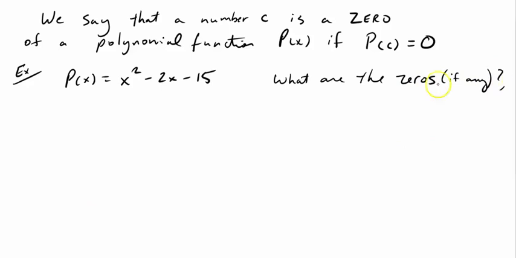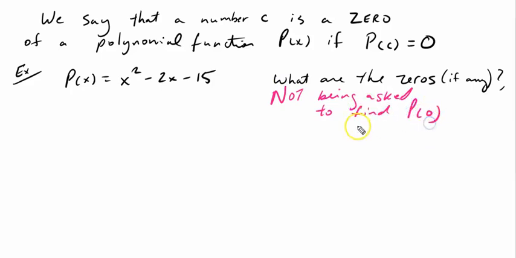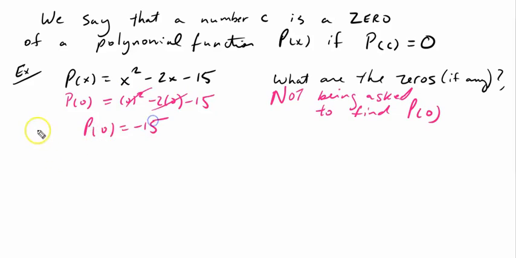Okay. Well, you're not being asked to find P evaluated at 0. That's a different concept altogether. Because if I evaluate P at 0, then wherever there's an x, I replace it with 0. And then these terms go away, and I'm left with negative 15.